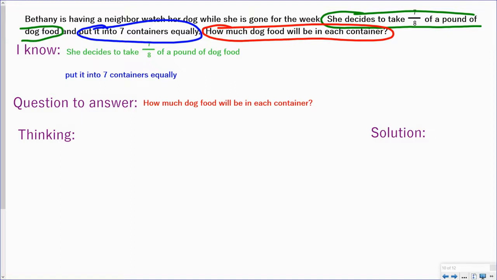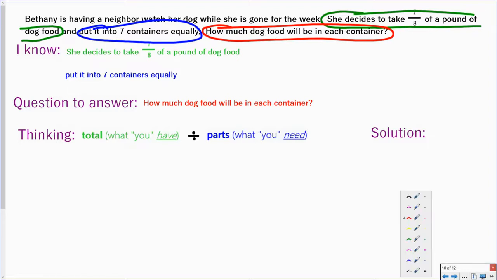So now to set up my thinking, I need to again ask my question: what is my total, or what do we have? And I'm going to divide that by the parts, which is basically what do we need. When we look at this, we have to look at what Bethany has, and she has 7/8 pounds of dog food.